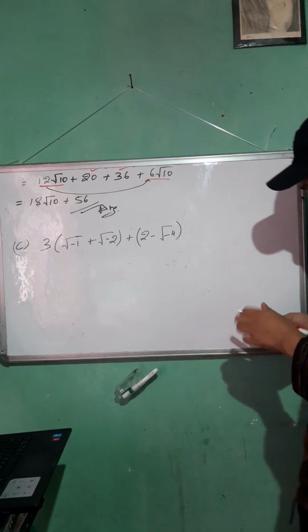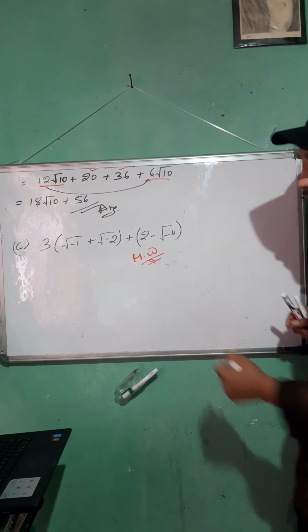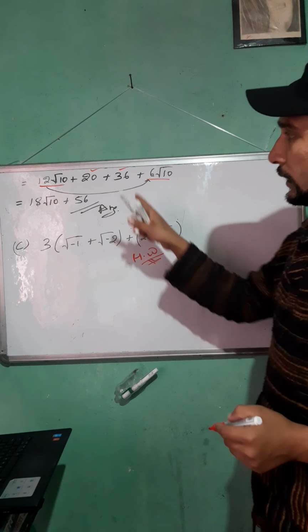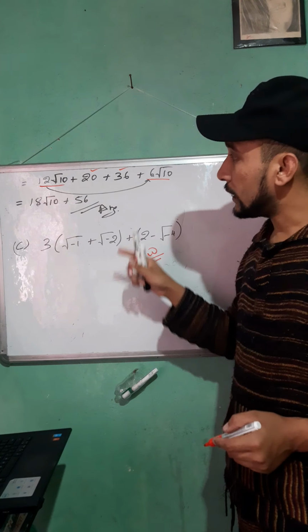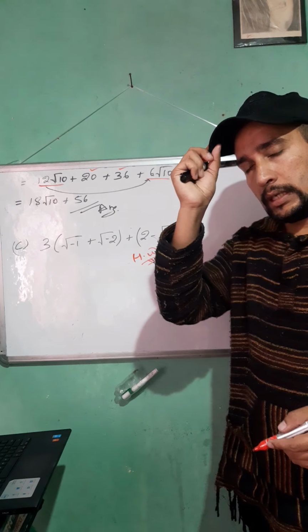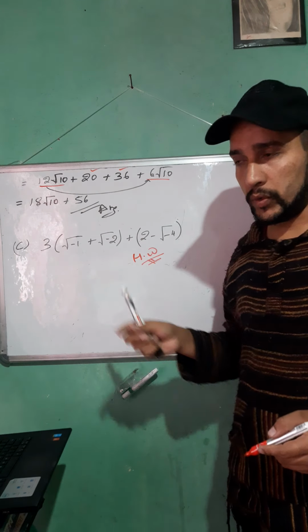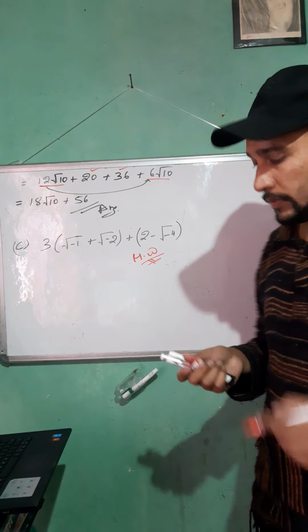This is your homework, and you refer to your book for more questions on simplification of complex numbers. Try to simplify at least 10 to 15 questions. Find the questions from your book. You can see the examples. You can solve from examples as well as the exercises.